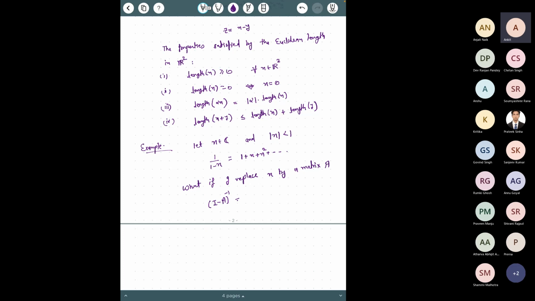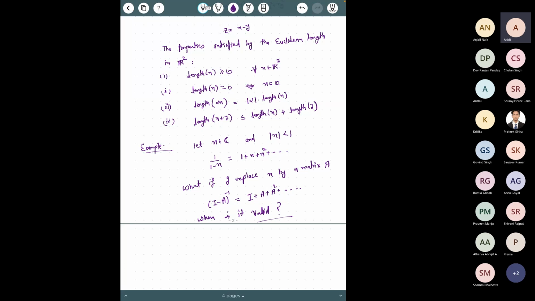And the right hand side would be I plus A plus A square and so on. This would be the form if I simply replace x by A. But then the question is, when is this expression valid? This is also one of the questions which we want to answer.